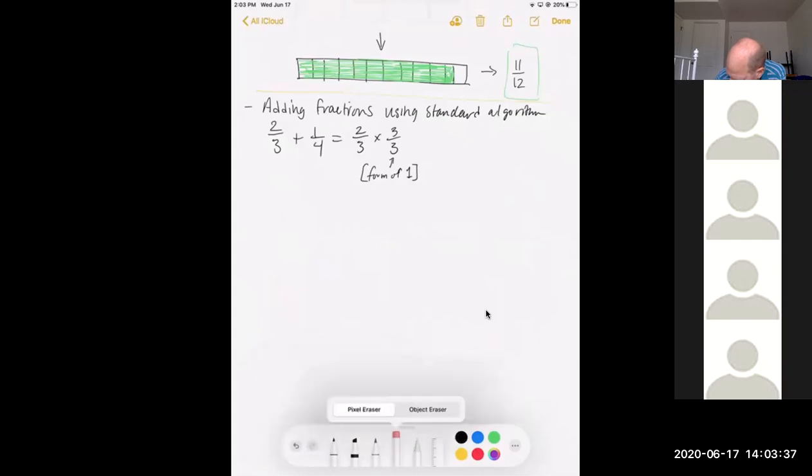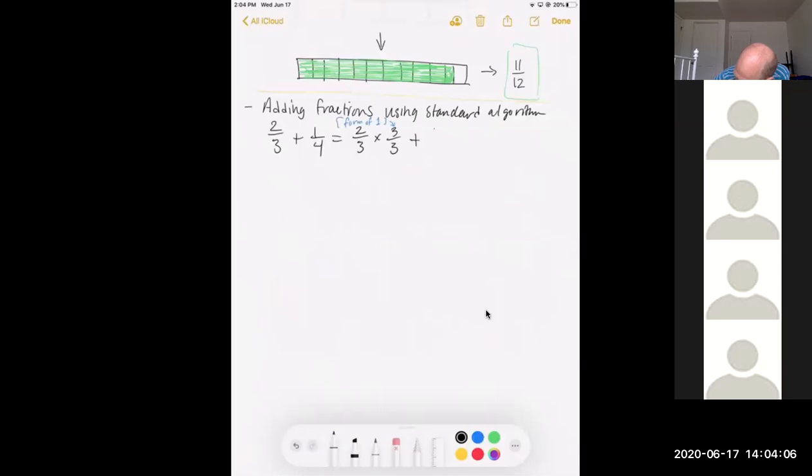So I'm going to erase that actually. Put that above it. Okay, so 3/3 is a form of 1, right? Because 3 divided by 3 is 1. So we can multiply any fraction by 1 and still maintain equality.